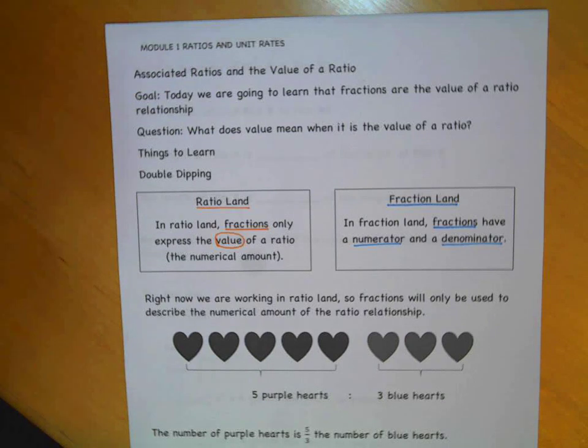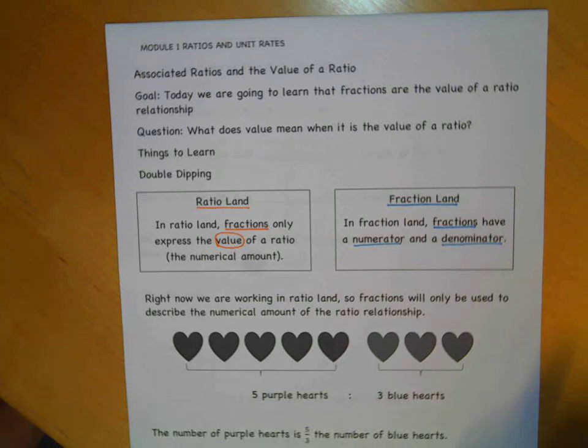In ratio land, it's telling you the actual value. In fraction land, it's telling you how many of the numerator you have for the total amount, the denominator. All right, so right now we are working in ratio land because we're working in Module 1, Ratios and Unit Rates. So the fractions will only be used to describe the numerical amount of the ratio relationship.